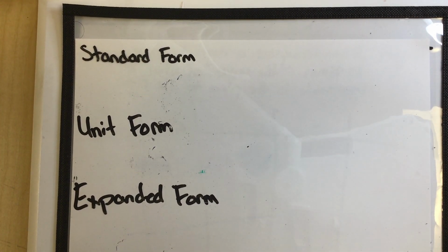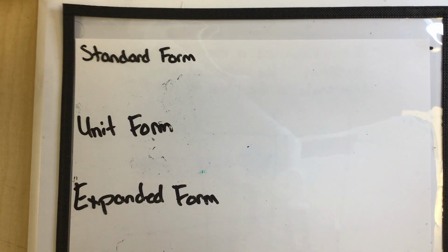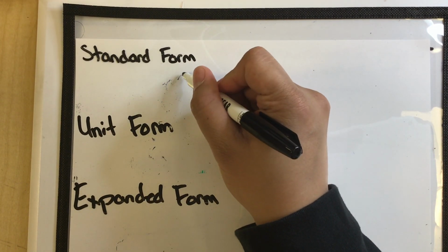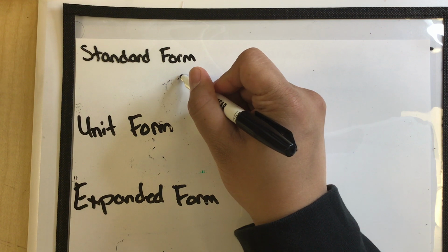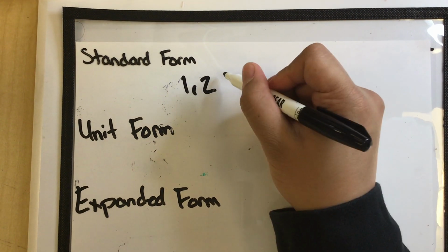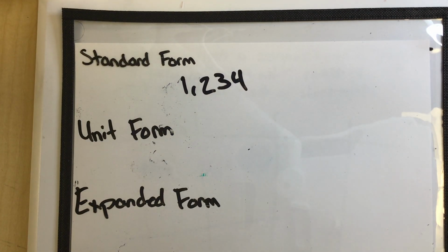We're going to start out with standard form again, and then we're going to continue a practice where we might start out with unit form or expanded form. But today we're starting out with just our standard form. Our standard form, we're going to see it as, let's say, 1,234. What do you think that would look like?